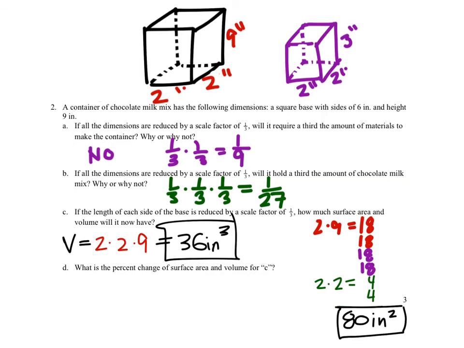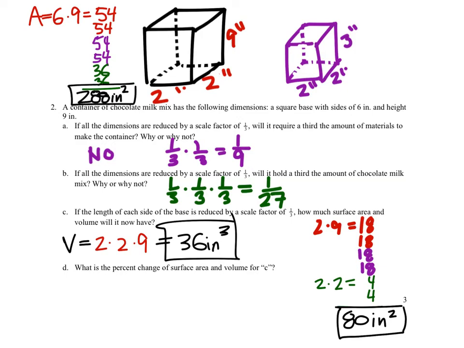Well, we have to go back and figure out what the original values were. The original surface area would have been 288 inches squared, and the volume simply would have been 6 times 6 times 9, which gives us a volume of 324 inches cubed.